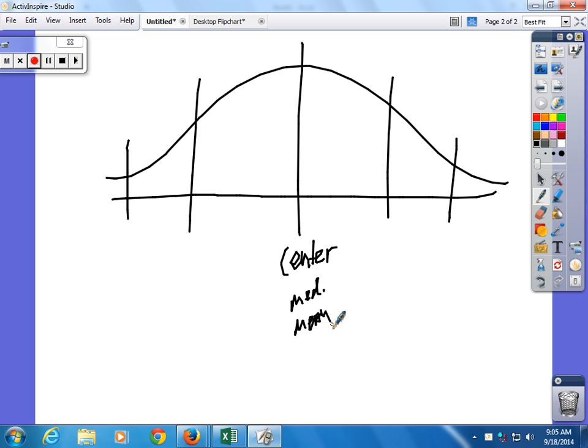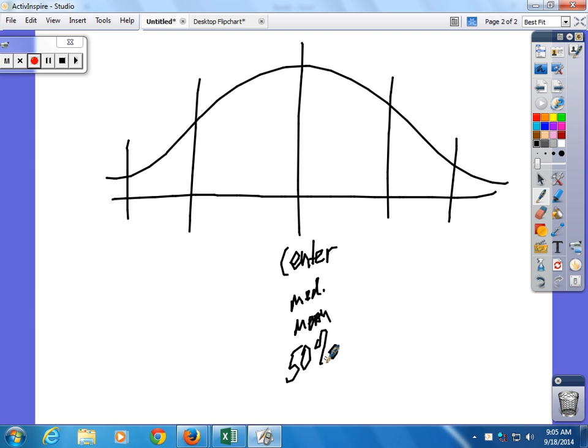Now, the closer these two are together, the more tight your data is. But the center represents what? 50%. The center represents the middle. Now, I like to tell students to think of quartiles as a gas tank.